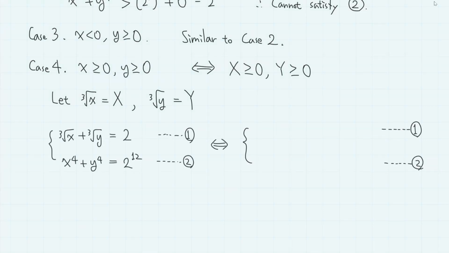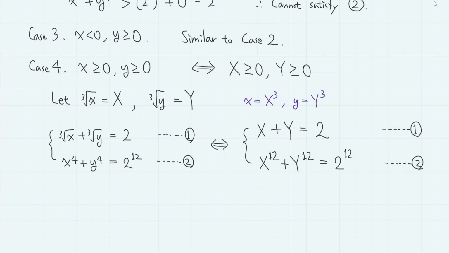And the equations are capital X plus capital Y equals 2, and using small x equals capital X cubed and small y equals capital Y cubed, the second equation becomes capital X to the 12th power plus capital Y to the 12th power equals 2 to the 12th power.